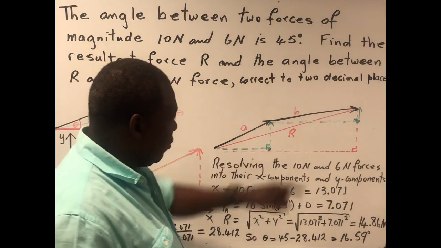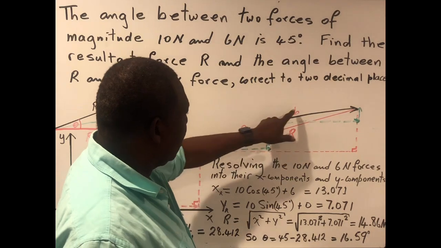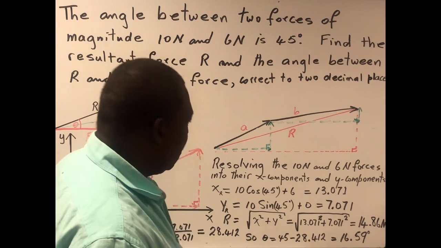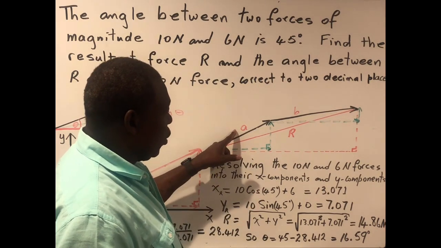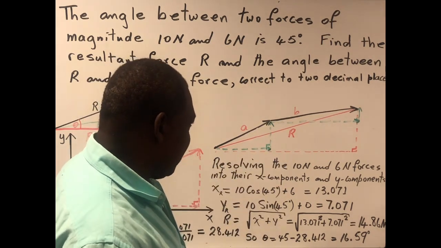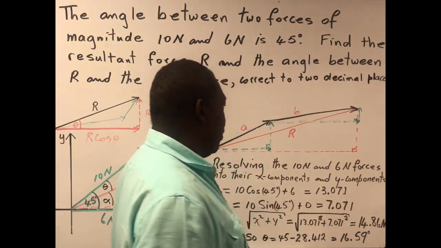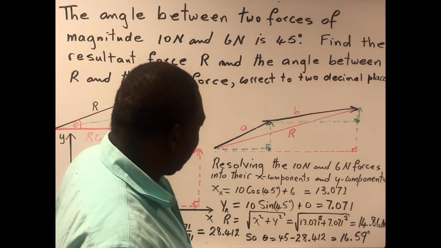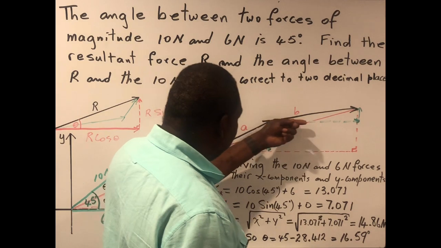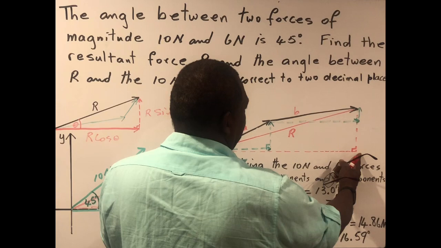So let's look over here at this diagram. Here we have the vectors a plus b to give us the resultant r. If we resolve a into its two components, the x component and the y component, and we do the same thing for b, resolve it into its x component and its y component, then we see that the two x values for a and for b would make up the total x value for the resultant r.